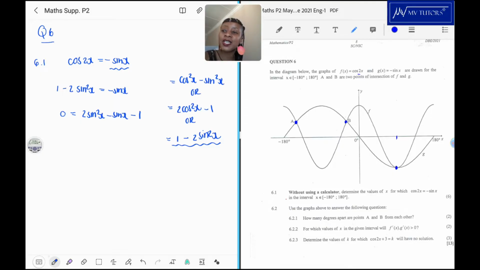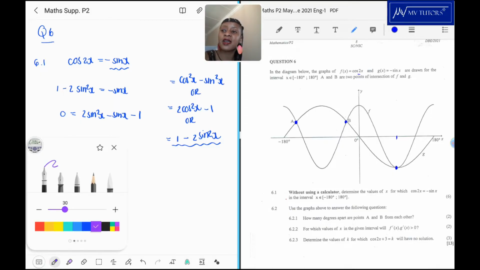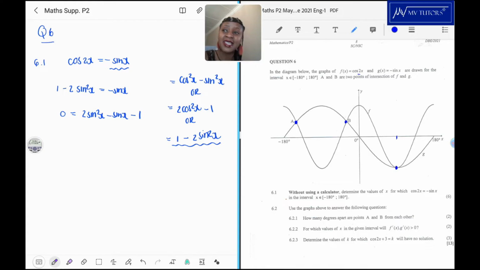And if you are struggling at this point because there are trigonometric expressions, then I would advise, instead of having sine x, have another variable apart from x. Let's just use y. This is the same as saying 2y squared minus y minus 1.